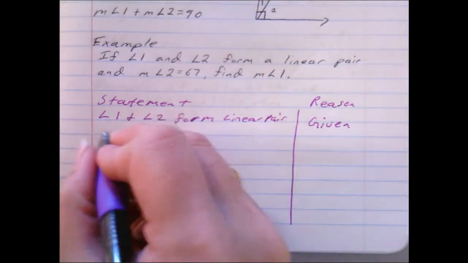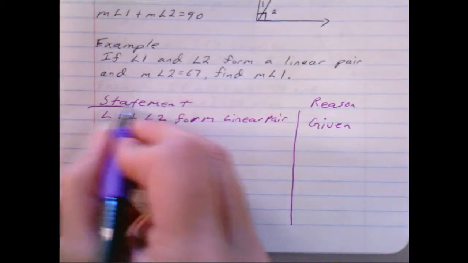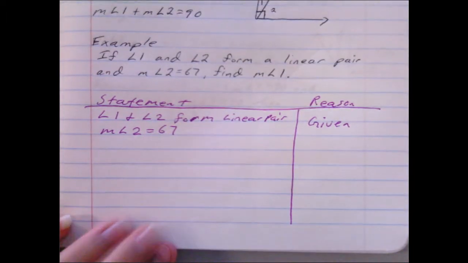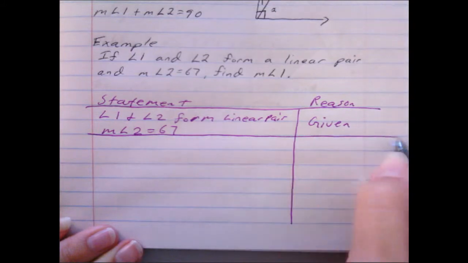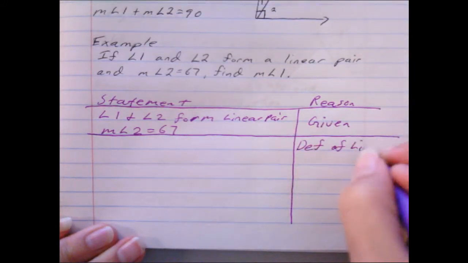I also have the measure of angle 2 equals 67 as part of my given. Okay? So then the next thing I'm going to do is use my definition of linear pair.